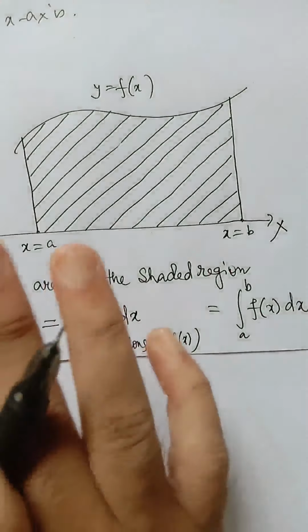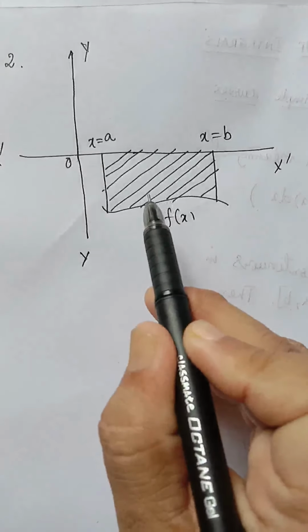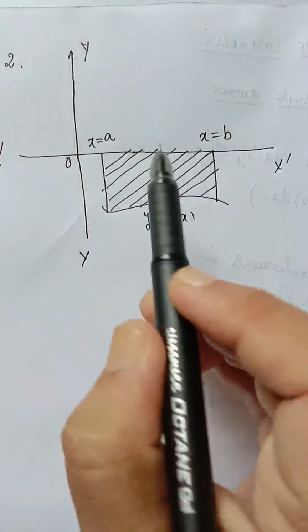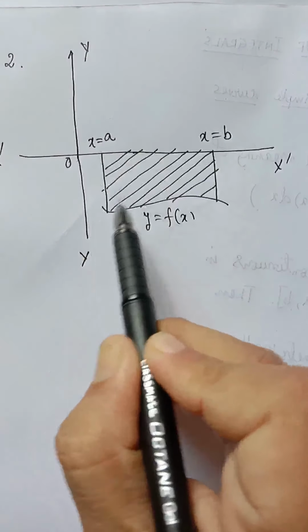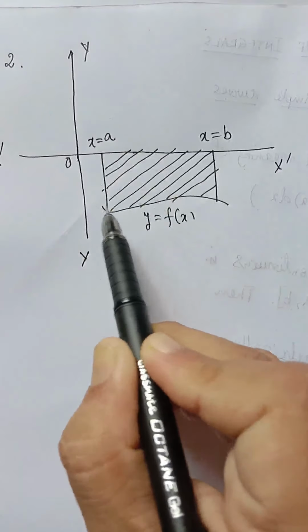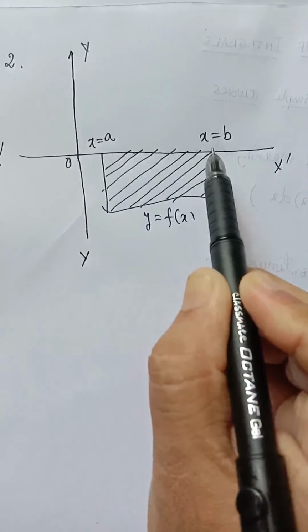Now let us consider some more cases. Suppose we have to find the area of this particular region. The region lies between x equal to a and x equal to b. This boundary is y equal to f(x), and out of these four boundaries, one boundary is the x-axis.